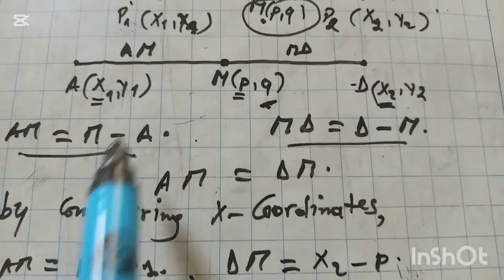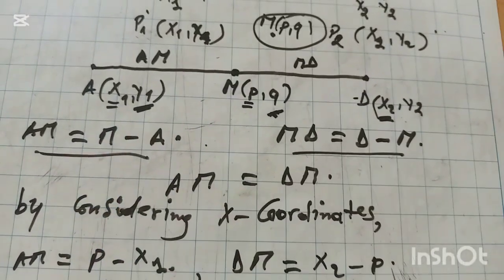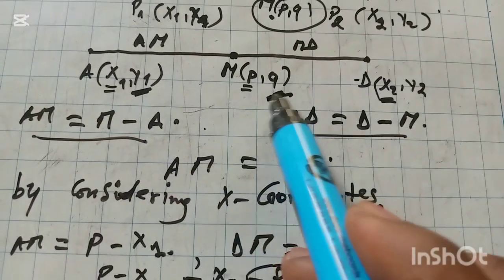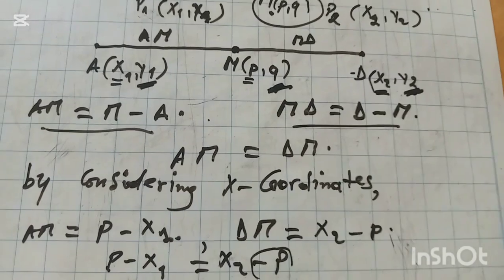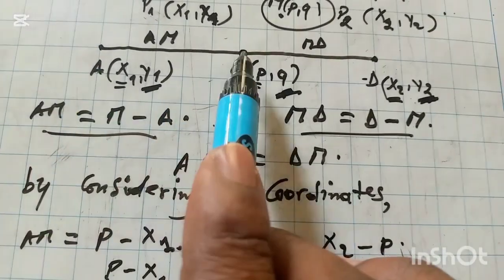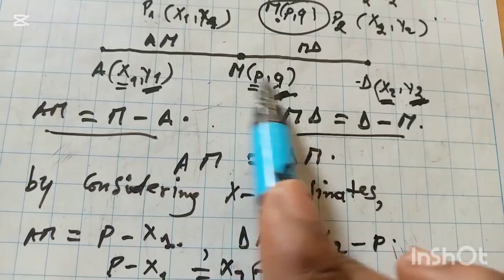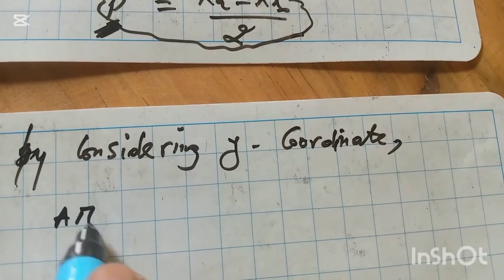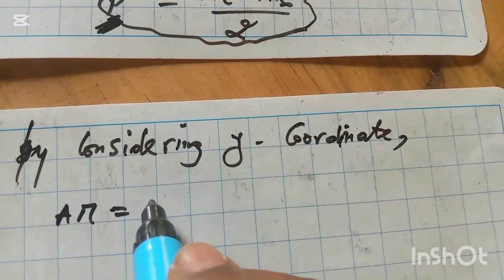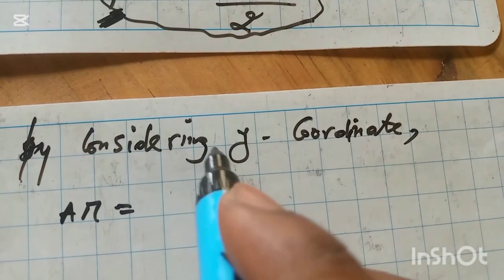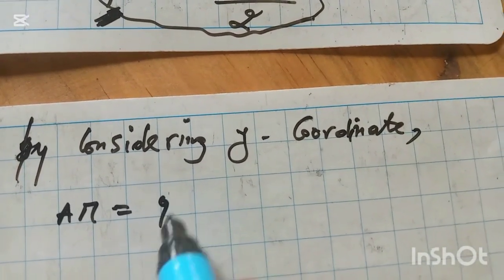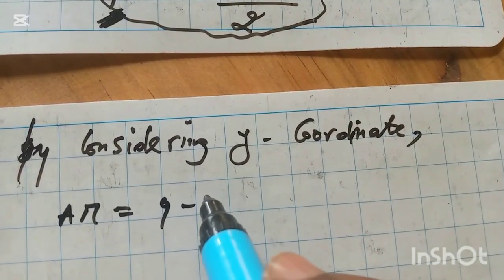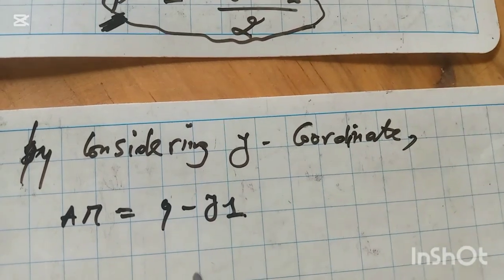From here you have y1, the first one. We have Q, and y2. So now from A to M we have Q minus y1. AM equal Q minus y1.